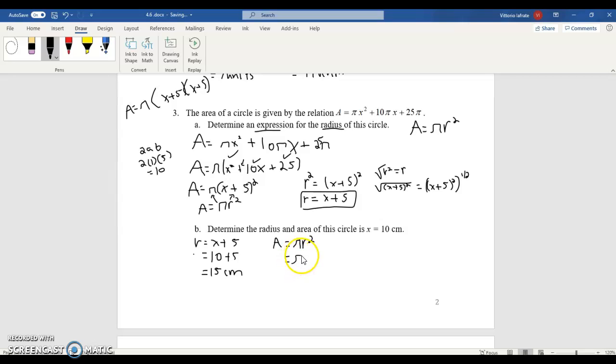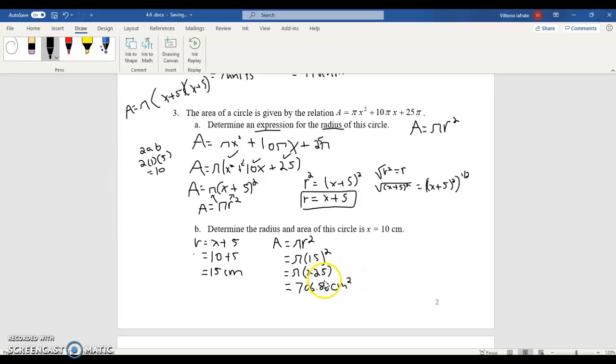So we'll get pi multiplied by 15 squared, which is equal to pi times, so 15 squared is 225, and then you can put that in your calculator and you get 706.86 centimeters squared.